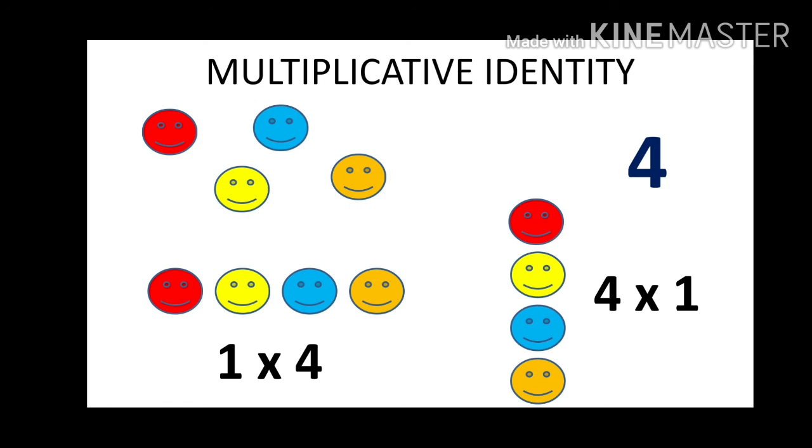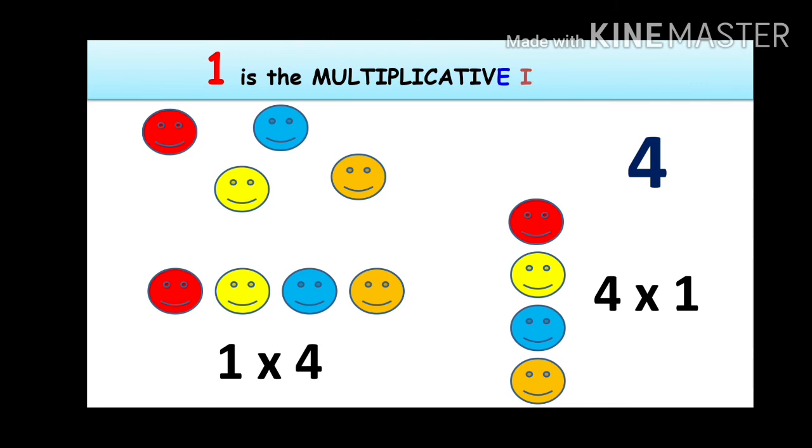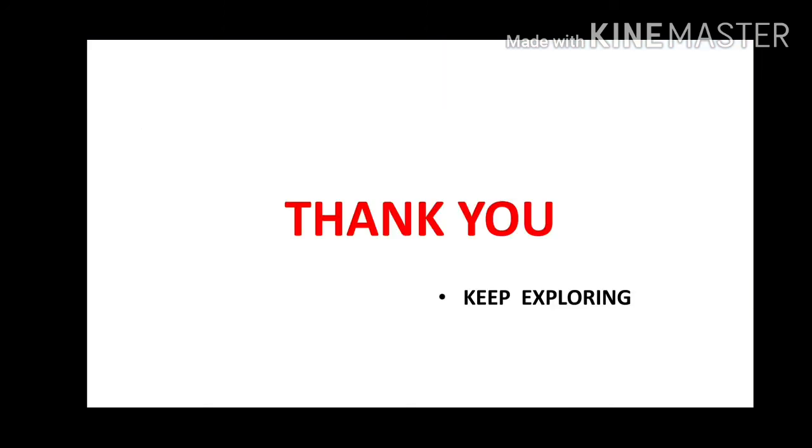So how is it possible? Only when you are multiplying by 1. So 1 is called the multiplicative identity. It means whenever we multiply 1 with any whole number, we get the same whole number again. So 1 is the multiplicative identity. Thank you and keep exploring.